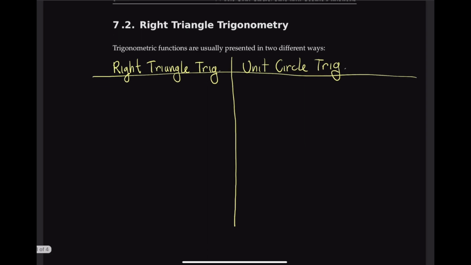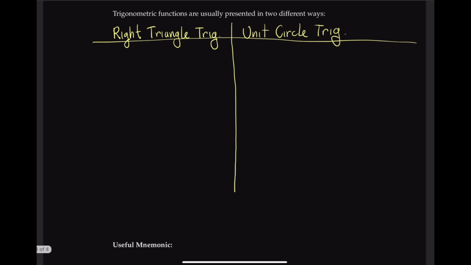Now, these two ways of approaching trigonometry are, in fact, very similar. They're just a different way of looking at it, and whether you use one or the other depends on the application, and so we're going to be focusing on both throughout this course.